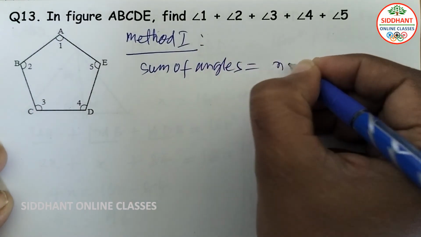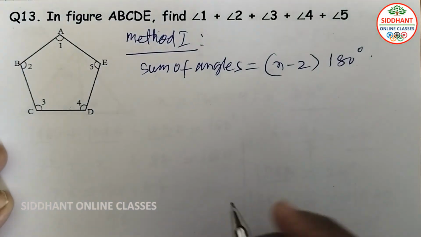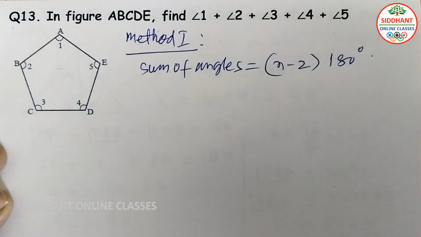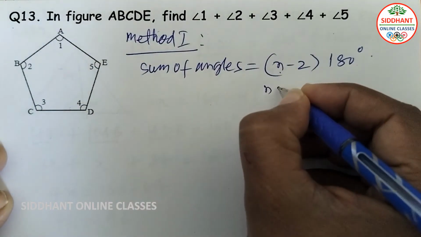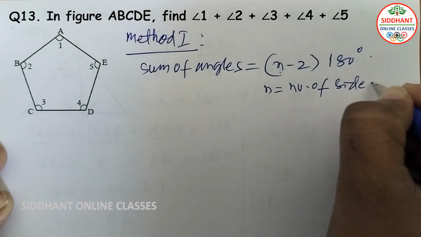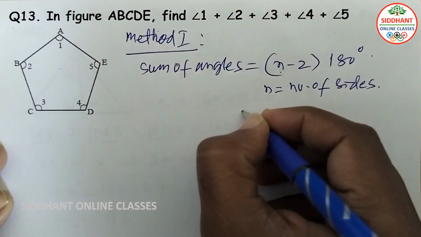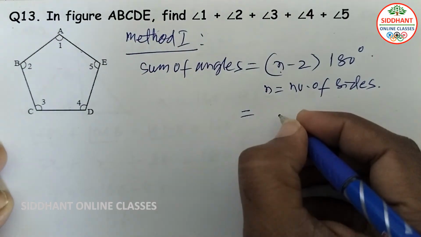is equal to n minus 2 into 180 degrees, where n is the number of sides. So here, how many sides are there? 1, 2, 3, 4, 5. 5 sides are there.